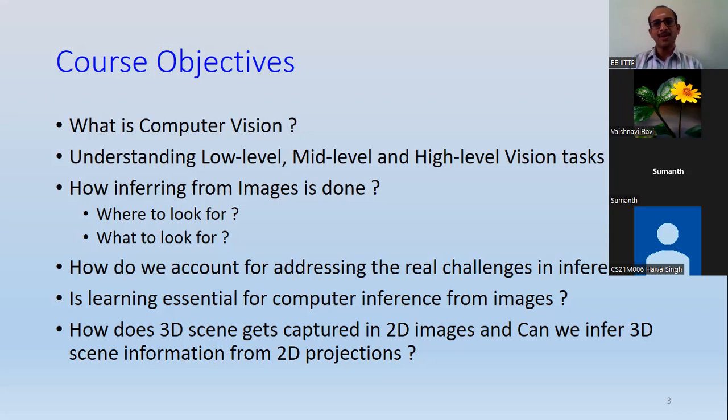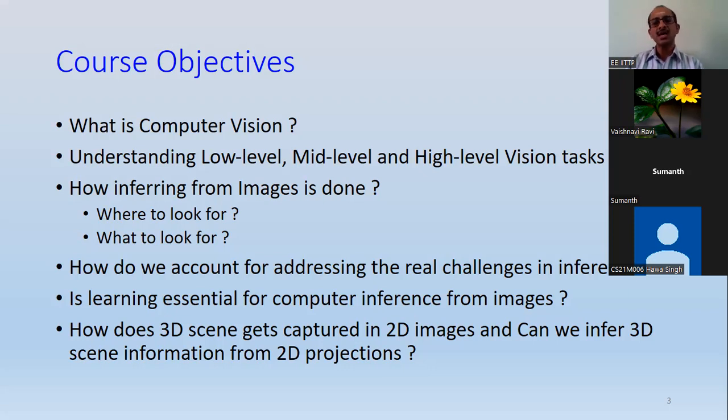Broadly, computer vision is defined as the ability that we can impart to a computer to infer from images. The ability of vision that we have, can we impart similar abilities of vision to the computer through computer algorithms or computer processing?